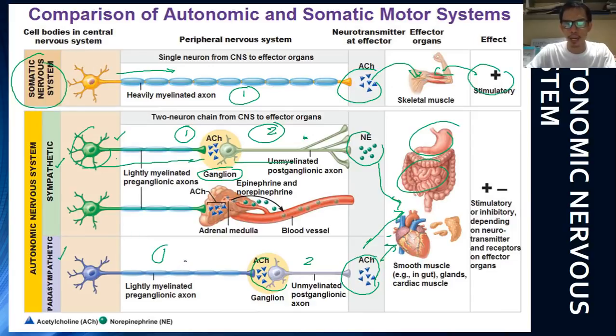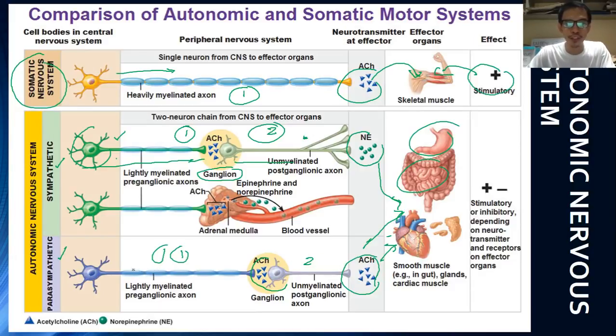Now, meanwhile, in the parasympathetic division, since these nerves are connected so far from the organs, the first neuron, the one that we have right here, is longer than the second one.